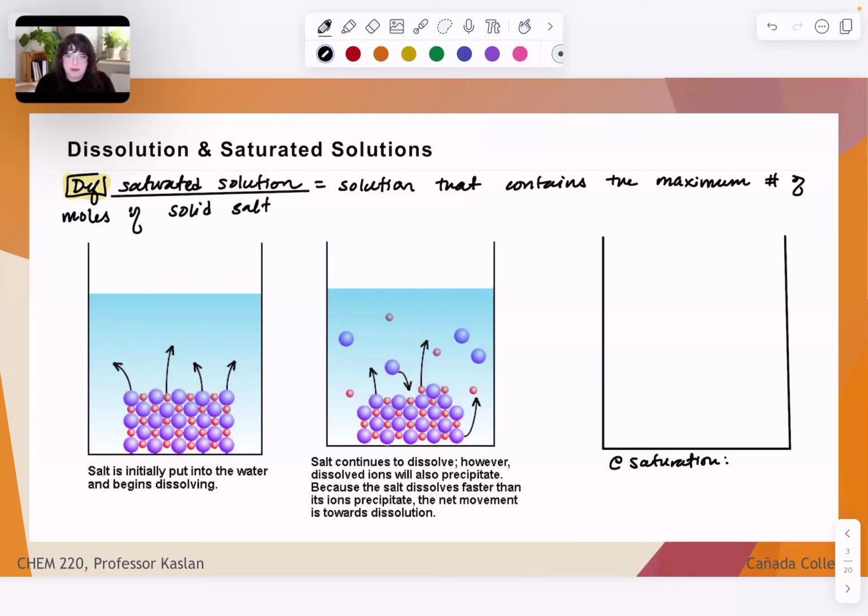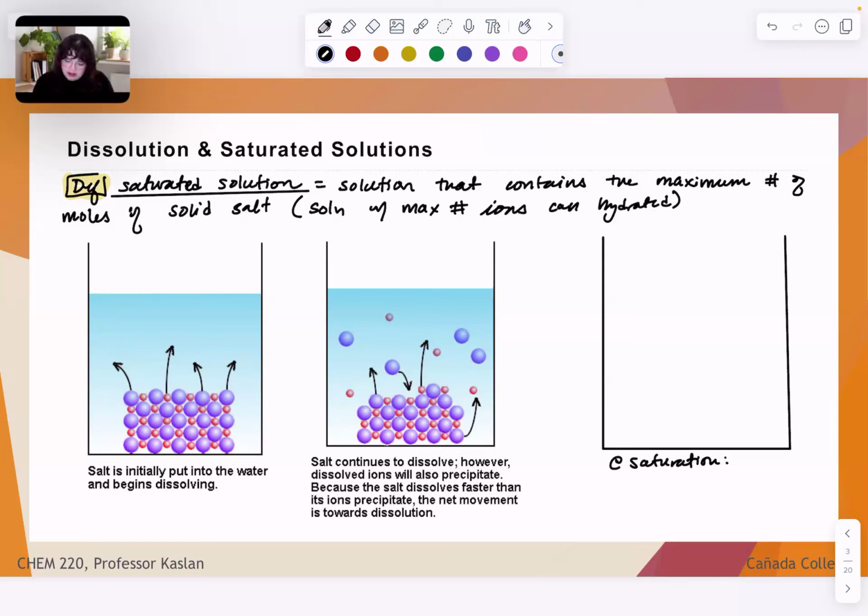Solid ionic compound. A solution that contains the maximum number of moles of solid salt, which in turn means that this is a solution that has reached its hydration capacity, meaning we've got the maximum number of ions that can be hydrated by the water in our solution.